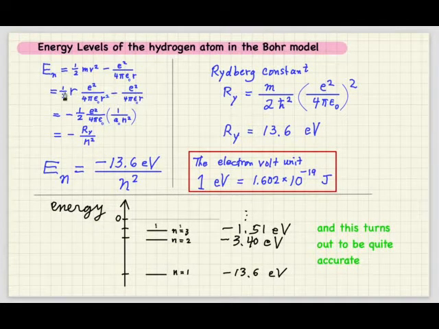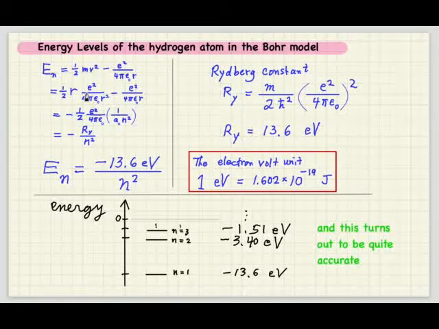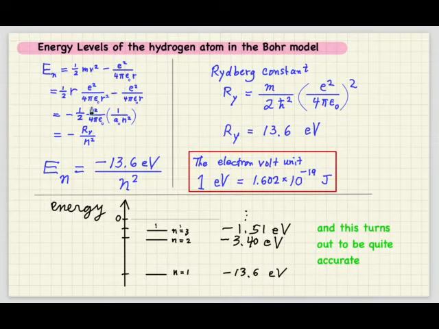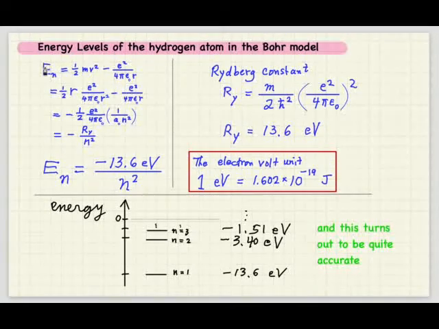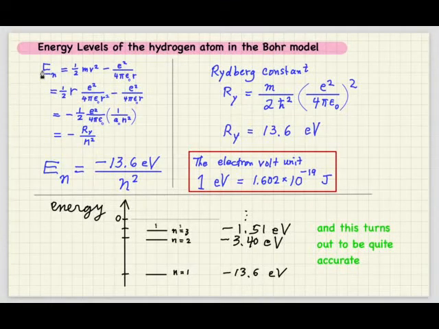In other words, the kinetic energy on that orbit is 1/2 the magnitude of the potential energy. The energy itself will be negative. It'll be negative 1/2 e squared over 4 pi epsilon 0 r.